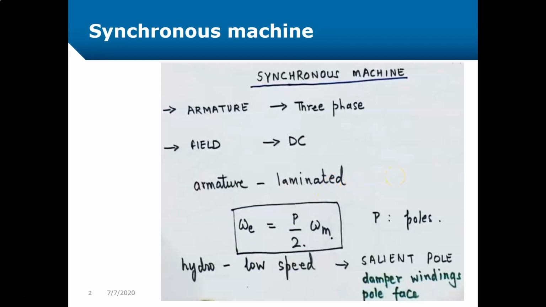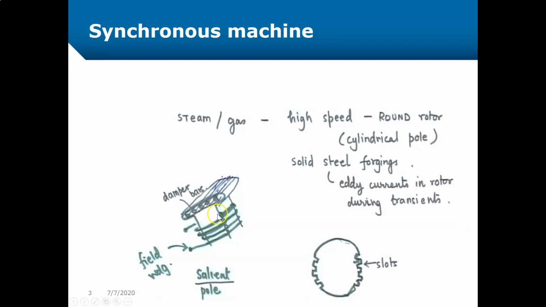The rotor of the salient pole machine has what they call damper windings at its pole face. Here you can see one salient pole, and the field winding is located here surrounding the ferromagnetic iron material, and then you have some damper bars out here.